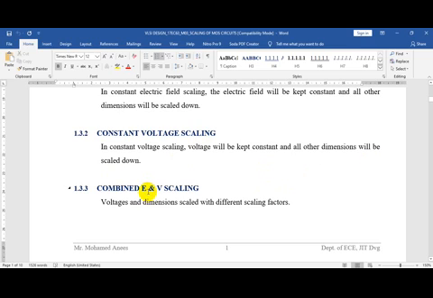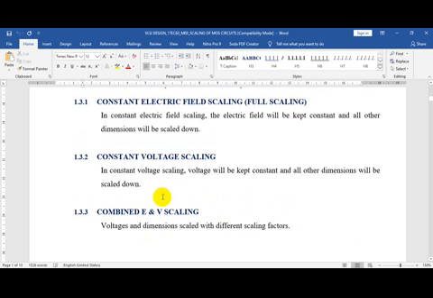In combined constant field and voltage scaling, the dimensions scale with different scaling factors. Whatever equations we derive for the different scaling parameters will be based on this combined scaling. Later we can convert them into constant electric field and constant voltage scaling parameters.